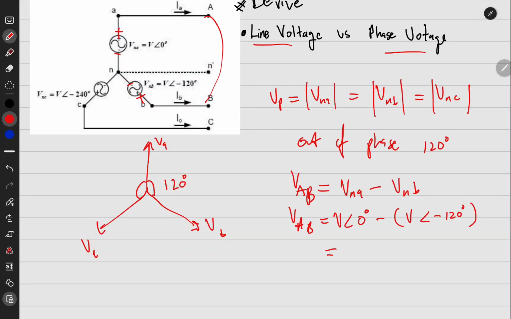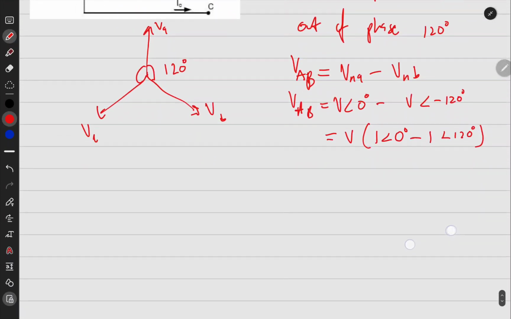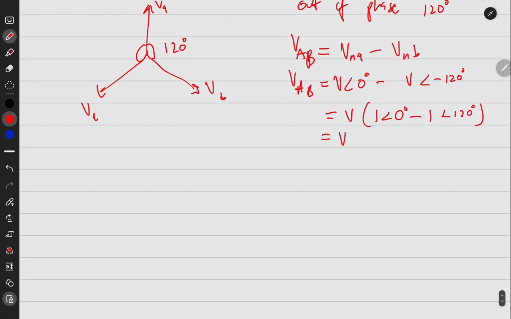So from here, for ease, I could take out a common factor V, and then I'll have 1 angle 0 minus 1 angle 120 degrees, with the V still outside, but I'll have to change this to rectangular form.